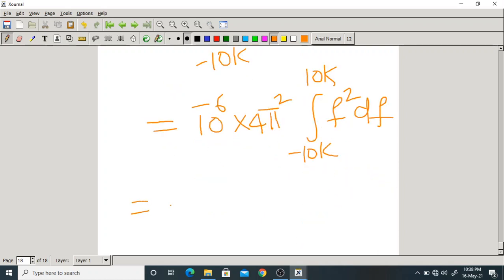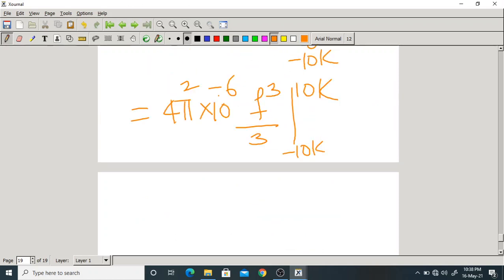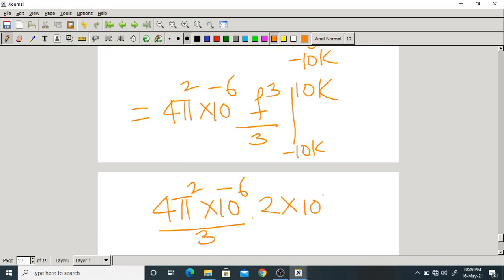Now if you do the integration, 4 pi square into 10 power minus 6 into, what is the integration of f square df? F cube by 3 from minus 10k to plus 10k. You calculate and tell me the answer. What do you get? So 4 pi square into 10 power minus 6 by 3 into 2 into 10 power 8.